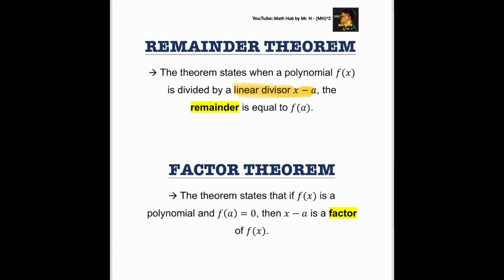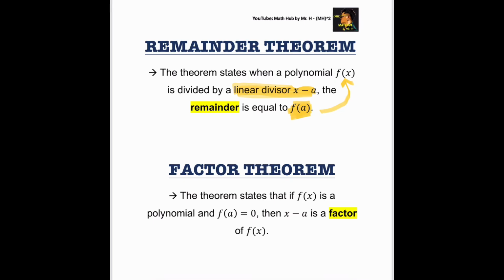You can see here f of a, that only tells us that from the linear divisor x minus a, we will be using the value of a. So it's just evaluating the polynomial by the value of a. Later on you will understand it better when we answer a couple of examples.